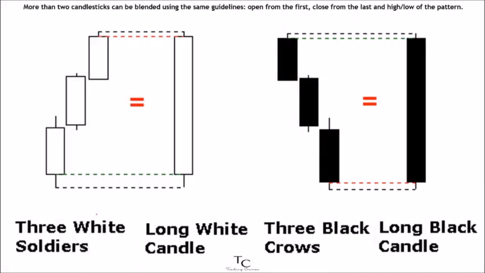More than two candlesticks can be blended using the same guidelines: open from the first, close from the last, and high, low of the pattern. Blending three white soldiers creates a long white candlestick, and blending three black crows creates a long black candlestick.